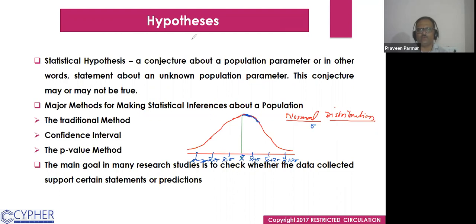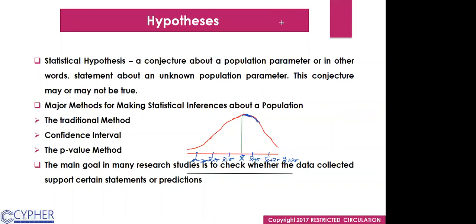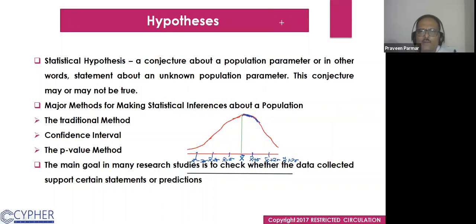There is one more scale we use for the normal distribution. Can somebody tell me the name of that scale? What scale do we use in a normal distribution? Not the Likert type scale.